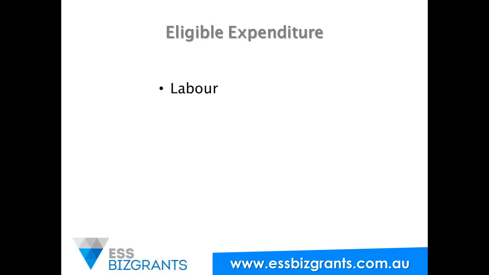accelerating commercialisation grants. The eligible expenditure in this program includes labour, so that can be the organisation's own labour. There is a maximum amount of labour that's allowed of $175,000 unless the delegate to the program has approved a higher amount. Labour on costs.